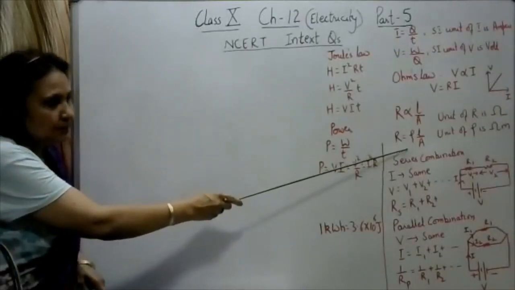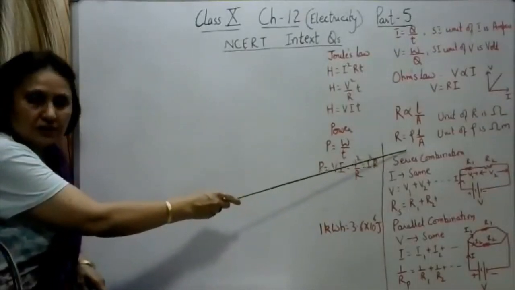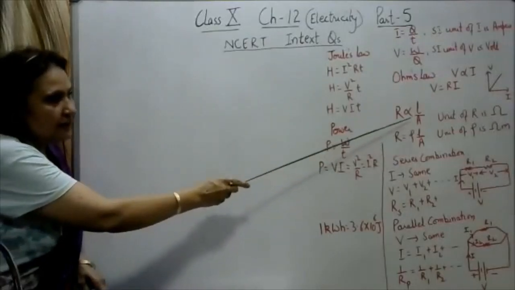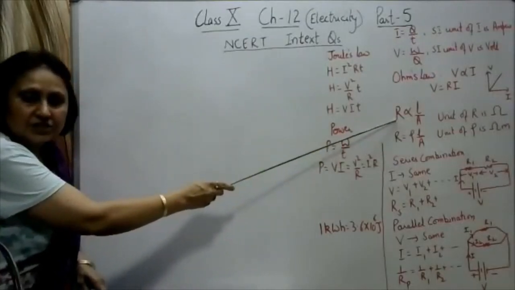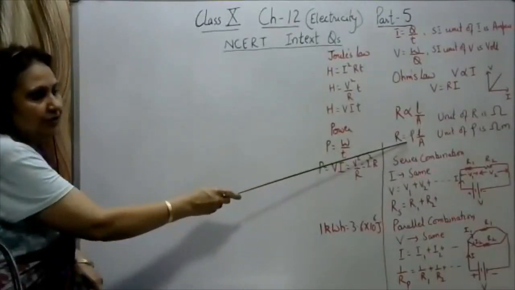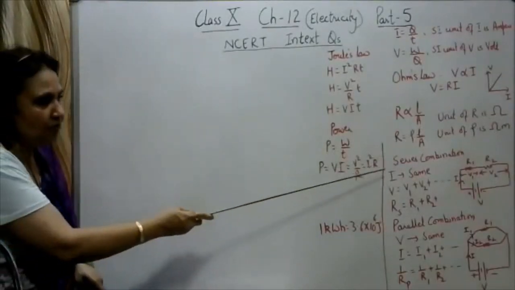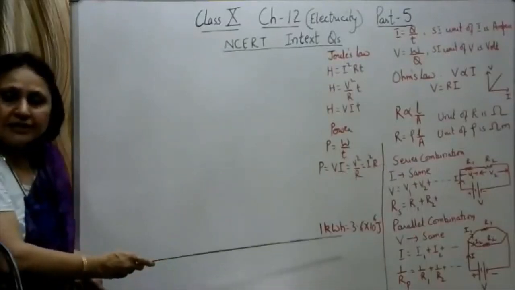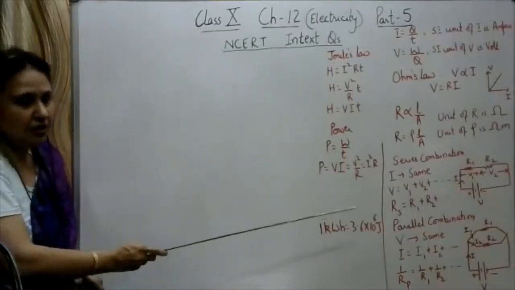The unit of resistance is ohm, which is represented by this symbol, and the unit of resistivity is ohm into meter.